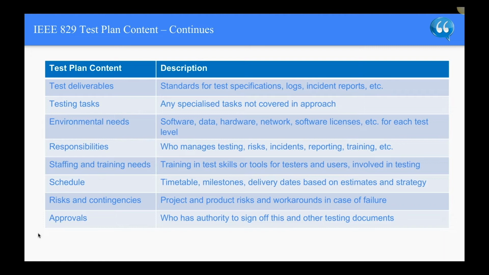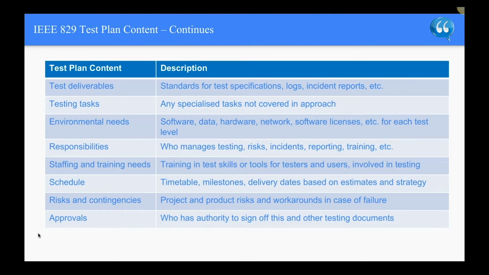And continuing with the test plan, the test deliverables are the standards for test specifications like logs, incident reports, etc. Testing tasks are any specialized tasks not covered in the approach.